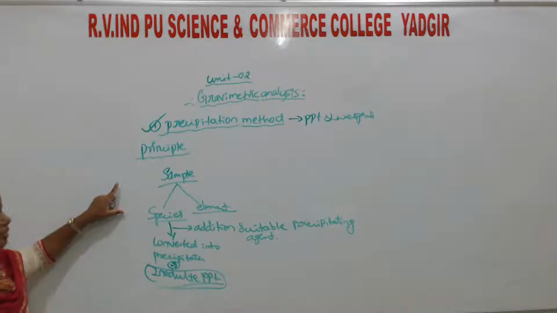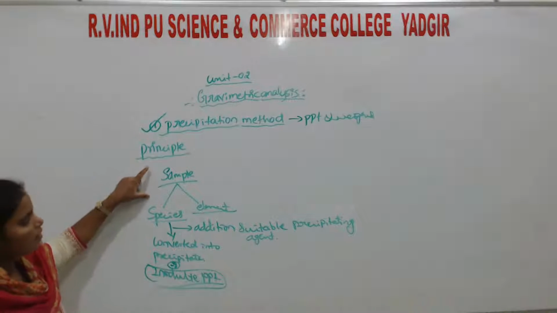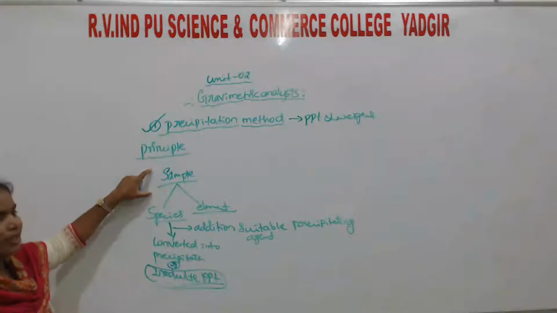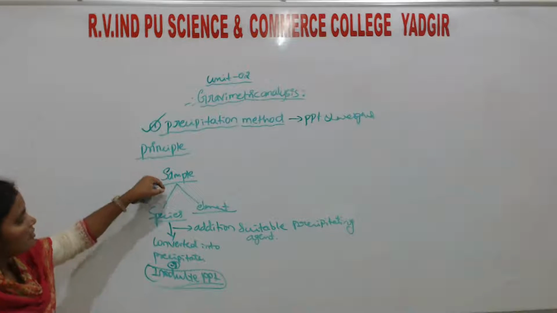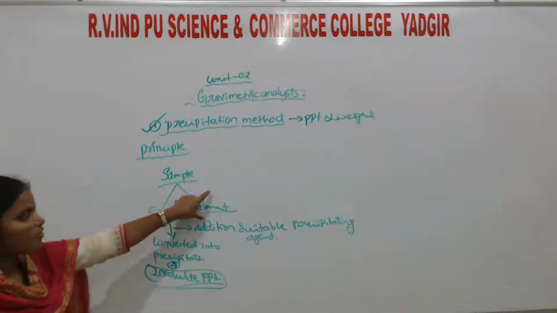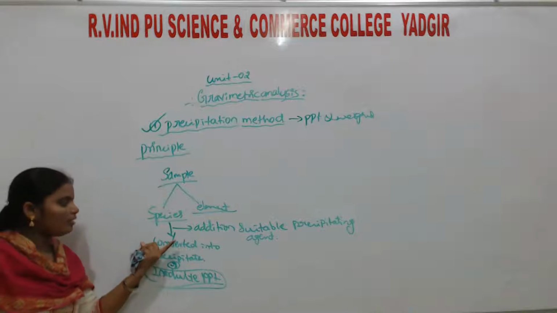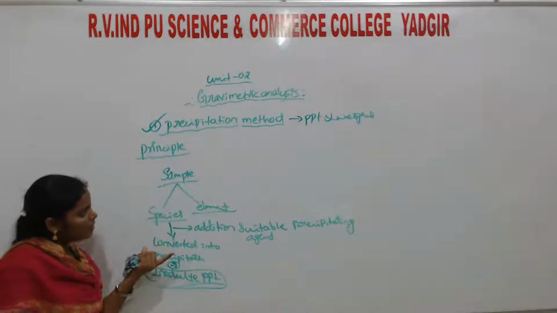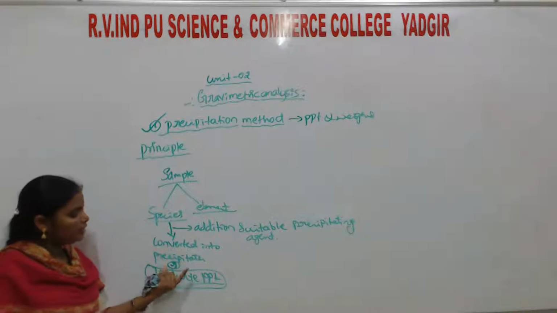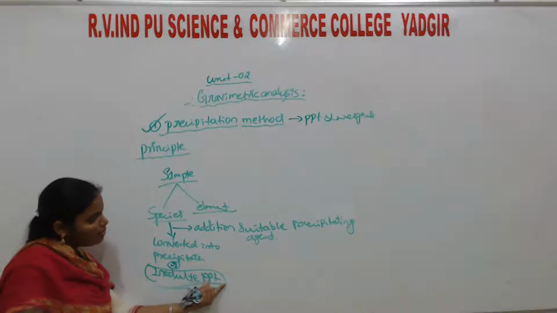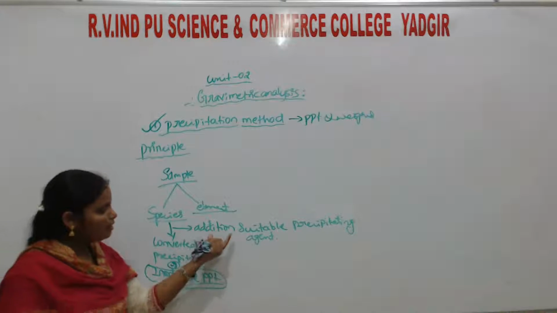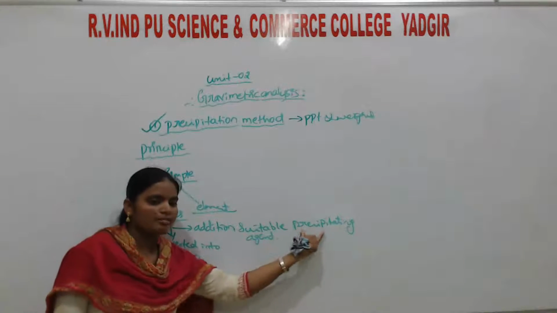Principle: you take a sample, any species or element, and it is converted into an insoluble precipitate by the addition of a suitable precipitating agent.